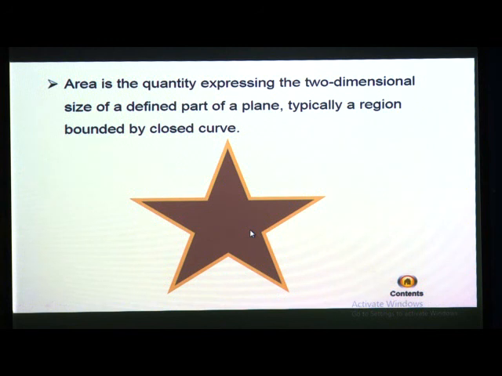All the figures have a boundary, and the region bounded inside a closed curve is called the area.